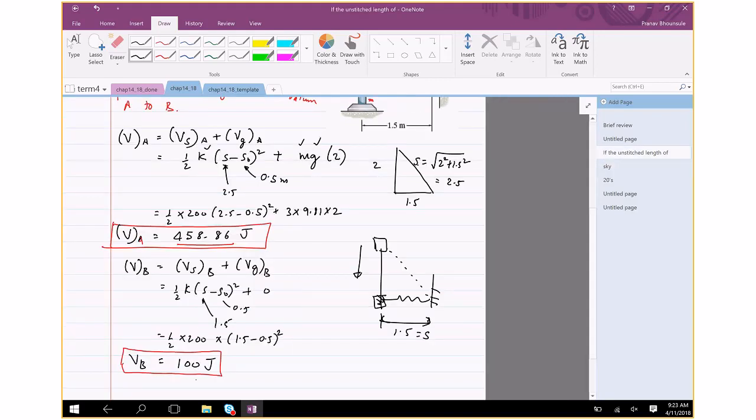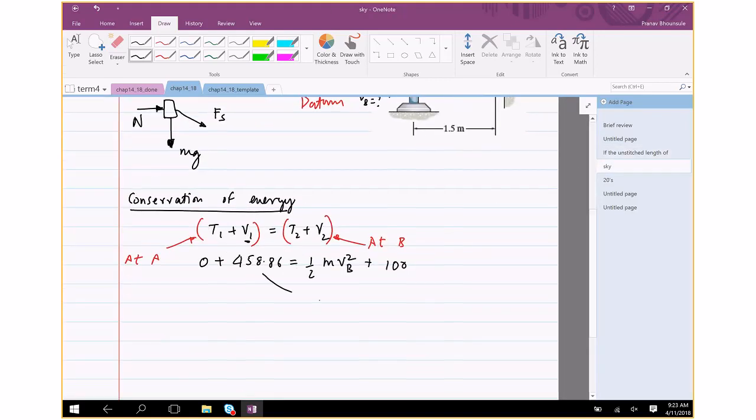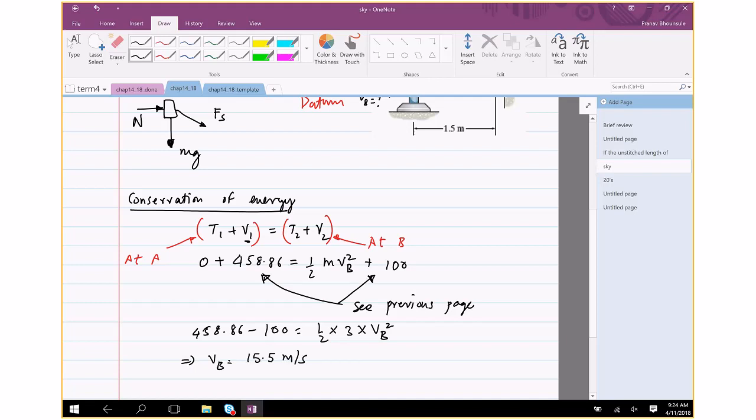From here it's 100. So we have 458.86 minus 100 equals half times mass, which is 3 kilograms, times VB square. So we can solve for VB. It's 15.5 meters per second.